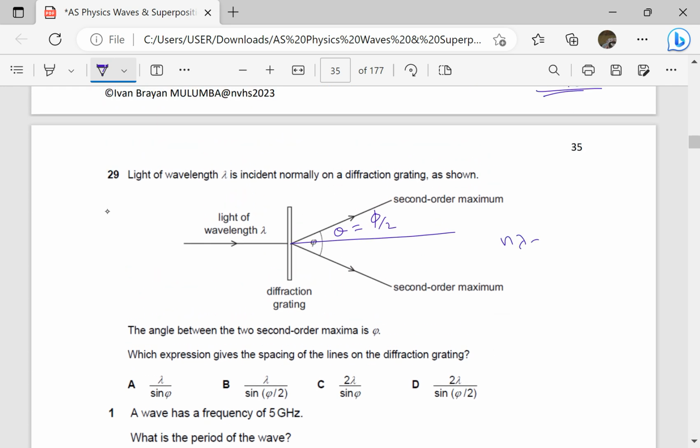So n lambda is equal to d sine theta. n is 2, wavelength is lambda, and theta is phi divided by 2. So d is going to be twice lambda divided by sine of phi over 2. So our answer here is strictly going to be D.